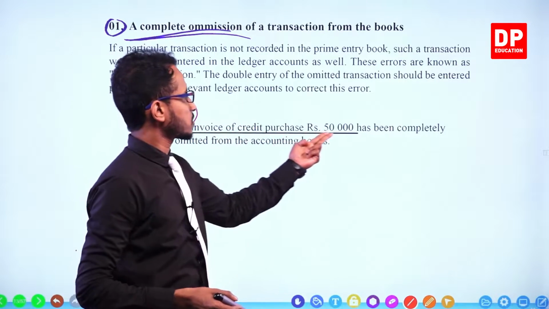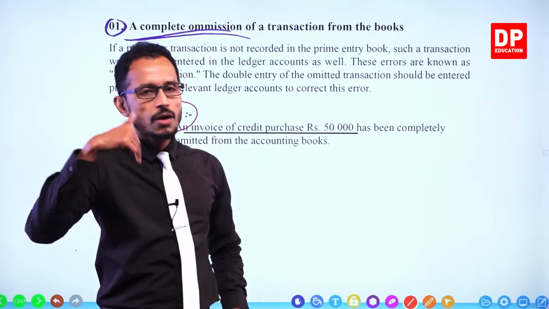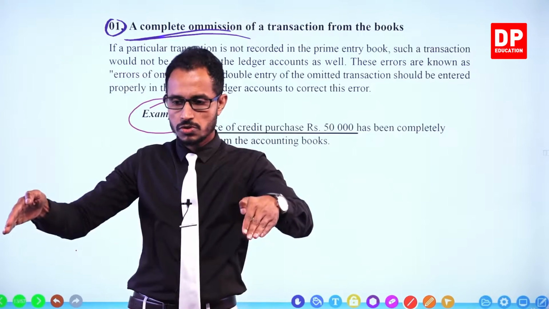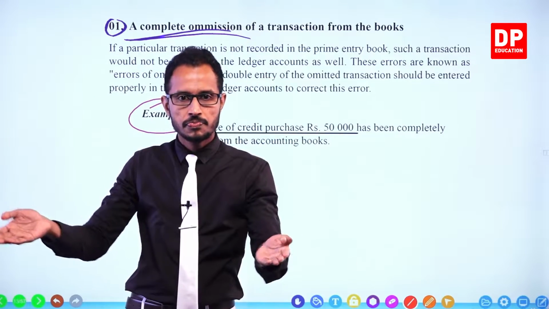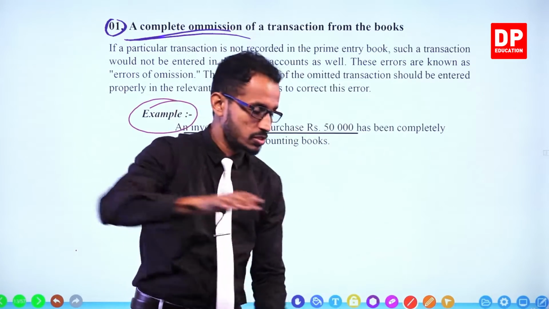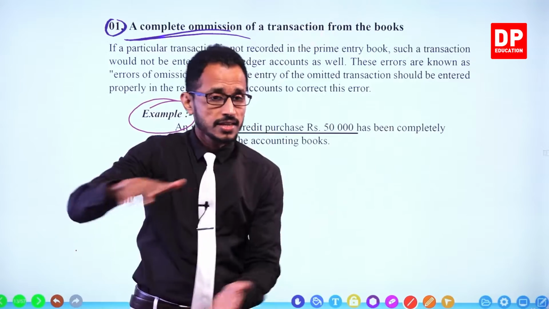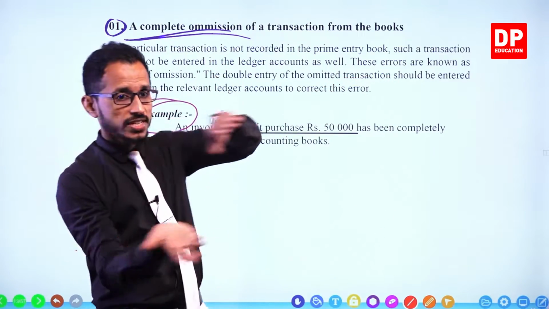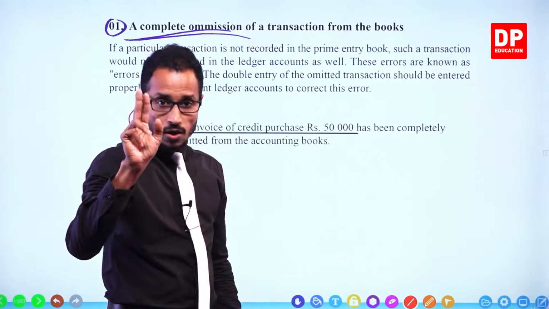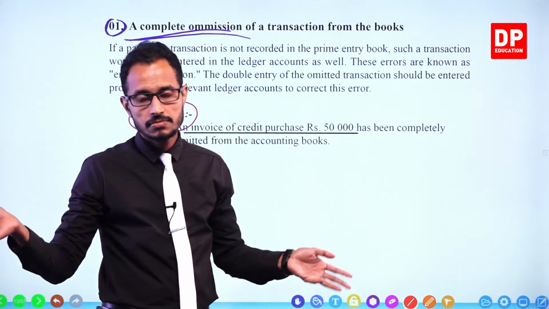Invoice of credit purchase, which means our business has purchased goods, like stacks and stacks and boxes, more and more, right? In our shop, we have purchased for the shop. But that purchase invoice is misplaced.